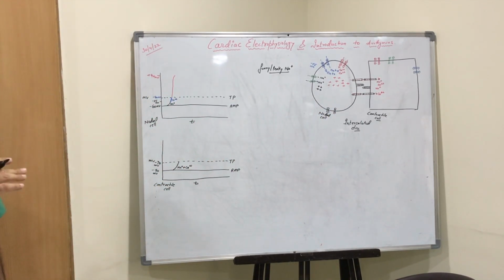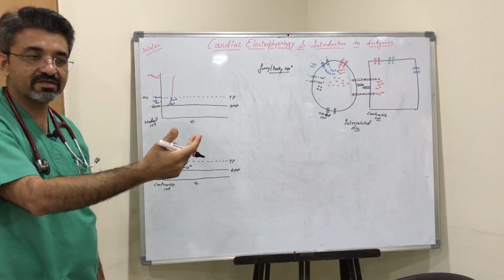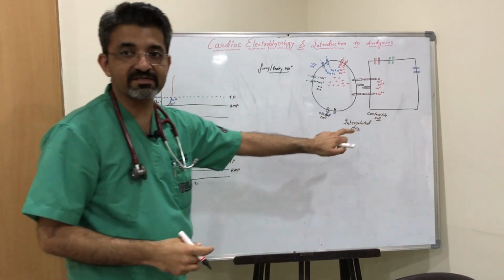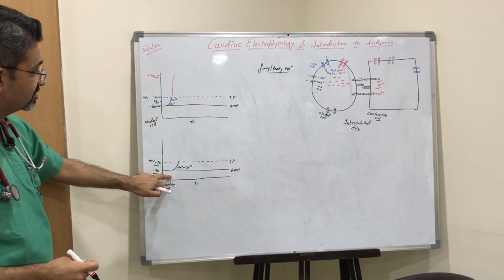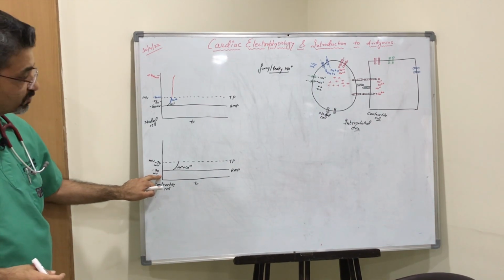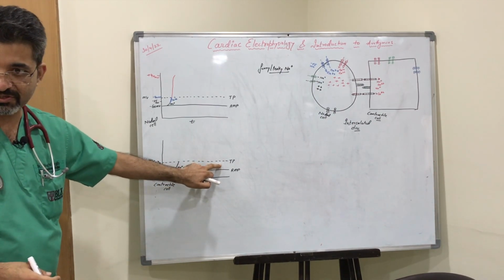Getting the point? Nodal cells are outpouring their calcium and sodium through the gap junctions into the contractile cells, and in the contractile cells the resting membrane potential rises from minus 90 to the threshold potential.